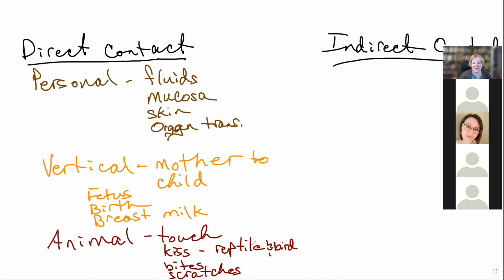Yeah, I used to have a lizard. I loved my lizard. I did not kiss my lizard. I washed my hands thoroughly after handling my lizard. But your lizard touches stuff. Well, I didn't let my lizard go running around free. It was in its habitat unless I got him out and was handling him.